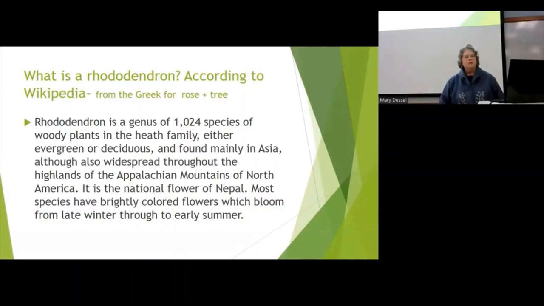It's the national flower of Nepal, and most of them have brightly colored flowers which bloom from late winter to early summer. It is also in the heath family, the Ericaceae, so it's the same as blueberries, huckleberries. There are a lot of other plants in the Ericaceae family too.